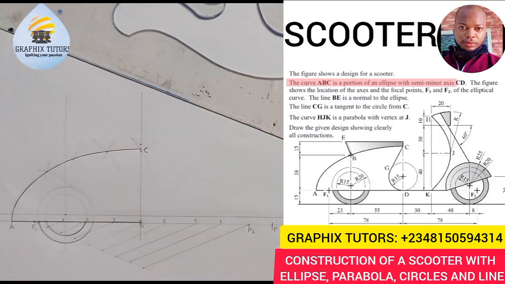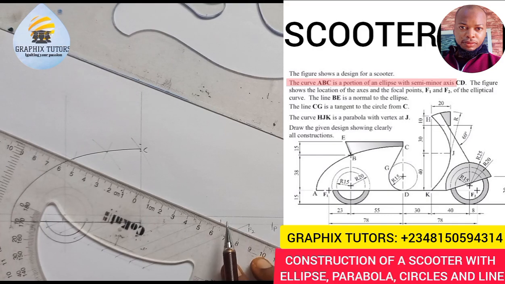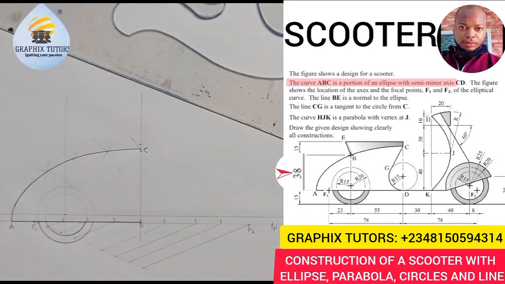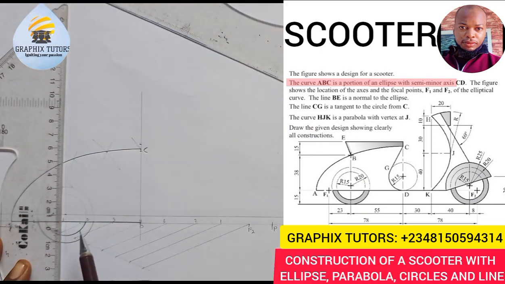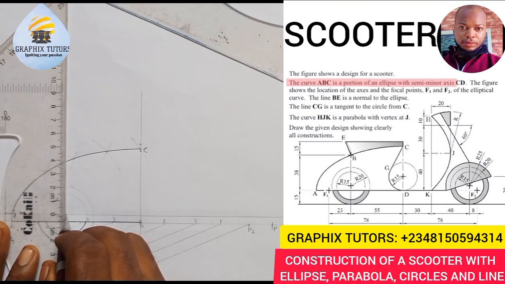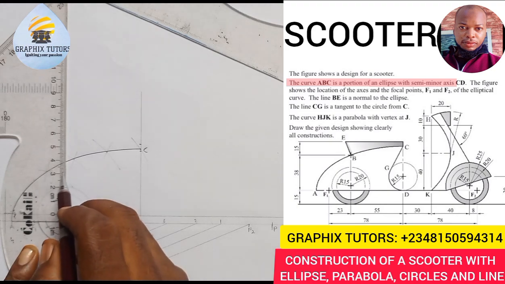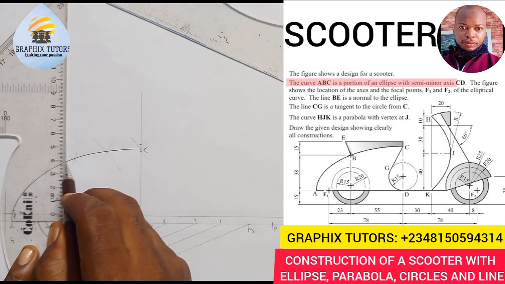So we've done that, and we need to draw a tangent line. How can you draw a tangent line, according to what we have here? Just measure a height of 38 from this center line here. So if I measure a height of 38 from 0, which we've already done before, from the center, you measure the height, 0 is 30, 35, this 38 here.